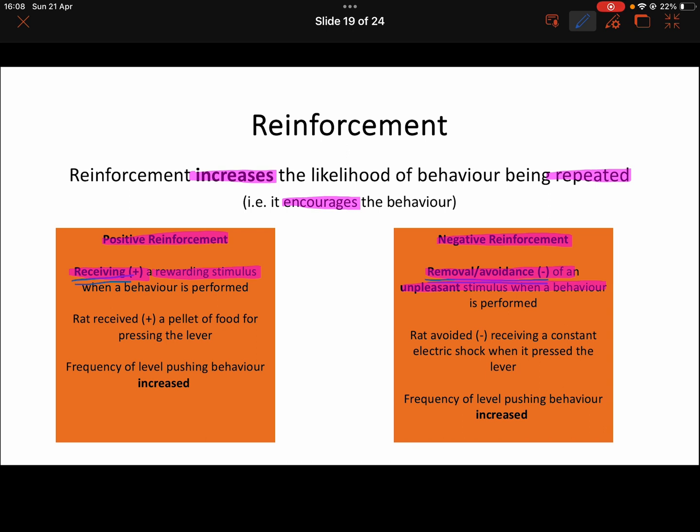Positive and negative, adding, removing. In both cases, whether we add a rewarding stimulus or we remove an unpleasant stimulus, the behaviour is more likely to be repeated. The frequency of behaviour increases. Reinforcement always increases the frequency of behaviour.